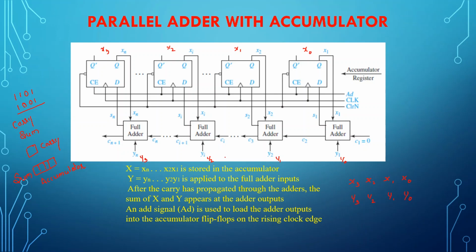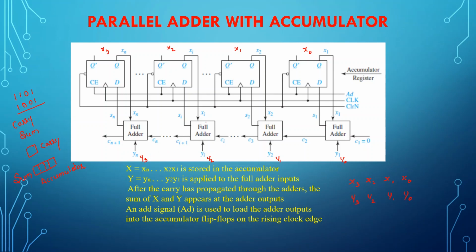The first number, x3, x2, x1 and x0, is stored in the accumulator. So the numbers to be added are already present: the first number is already here, and the second number is ready to be applied to the full adder.